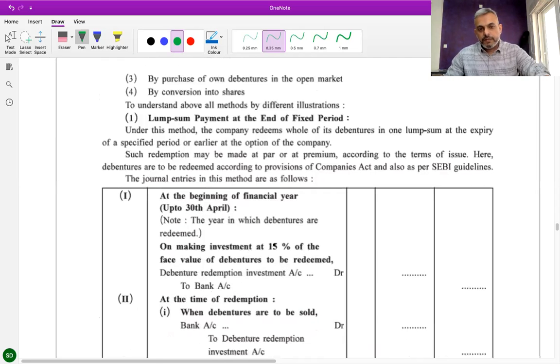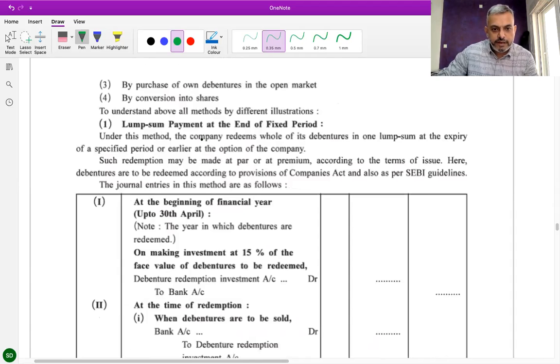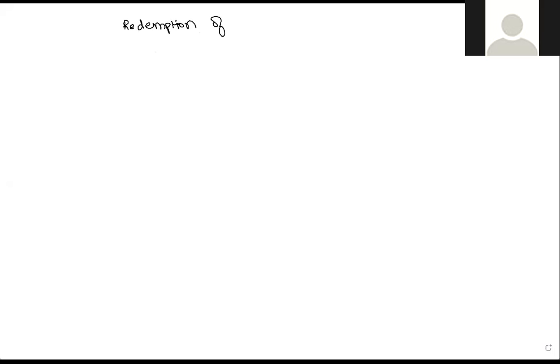Now, the first method we are going to see is the lump sum payment method at the end of a fixed period. So take out your notebooks, write the heading, redemption of debenture.